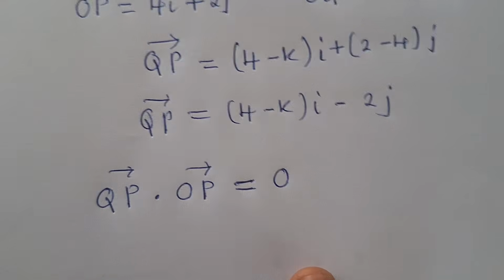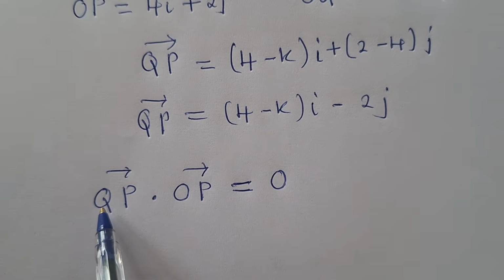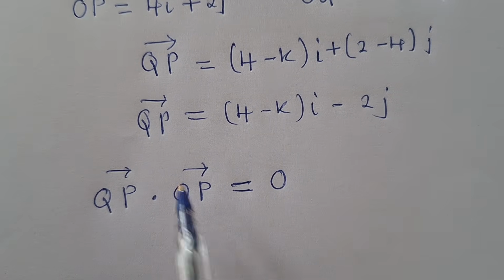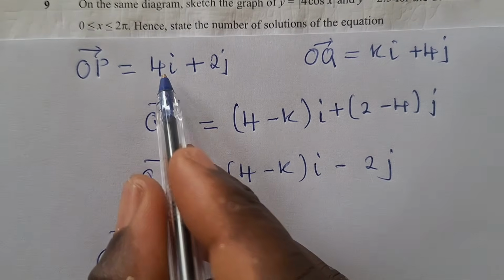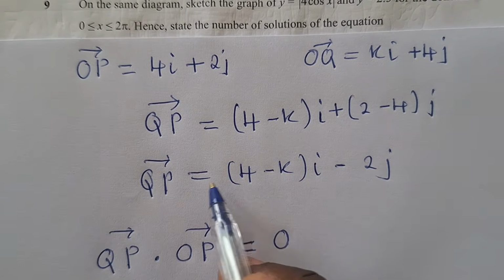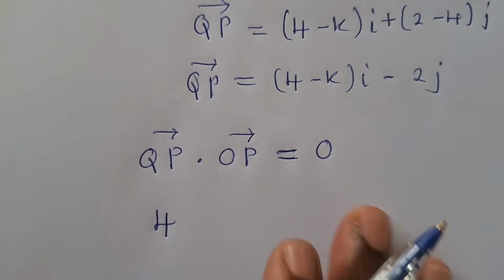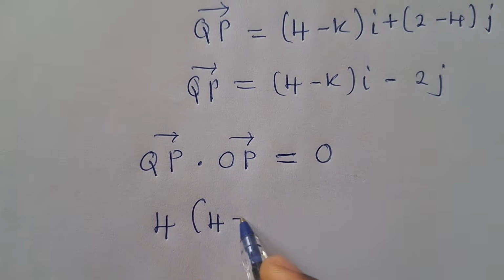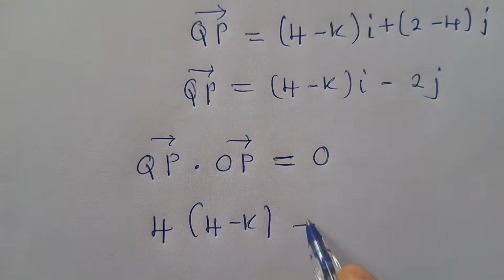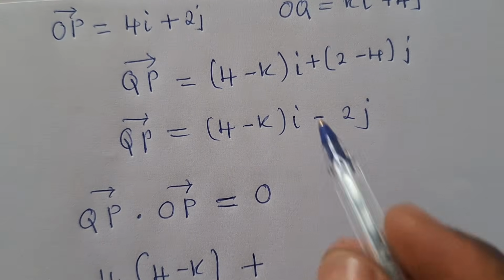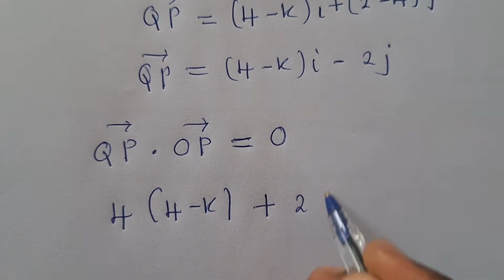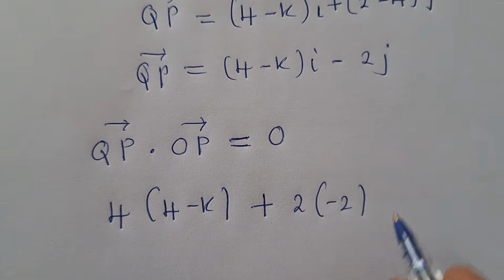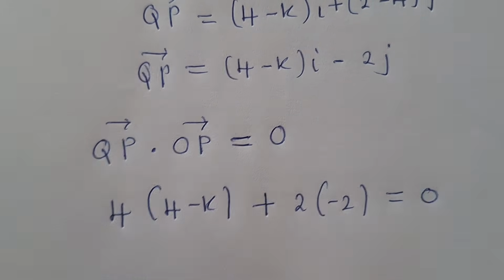So we're going to multiply vector QP by OP. So it will be like this: 4, which is here, from OP times 4 minus k. Then we say plus this 2 times the 2 here. So it will be 2 times negative 2 actually. These must give us a 0.